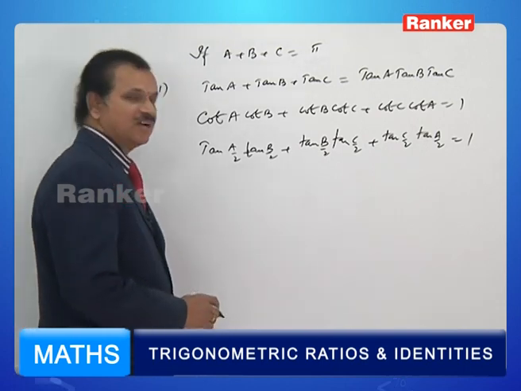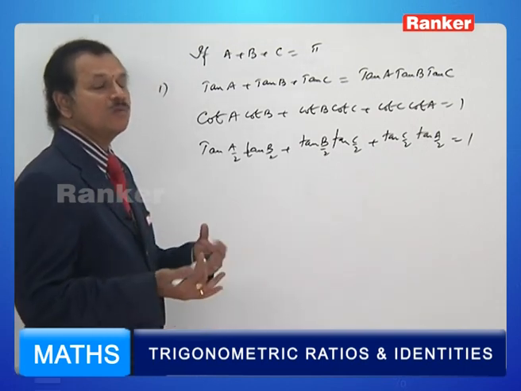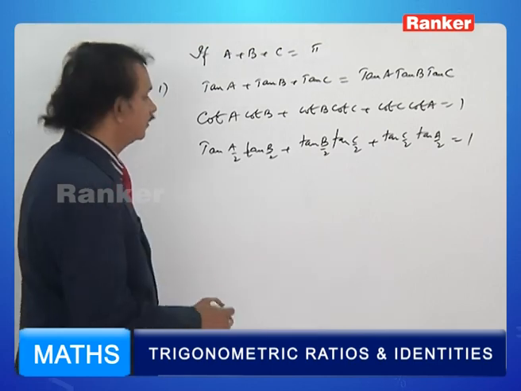What happens is the result regarding cot functions involving A by 2, B by 2, C by 2.